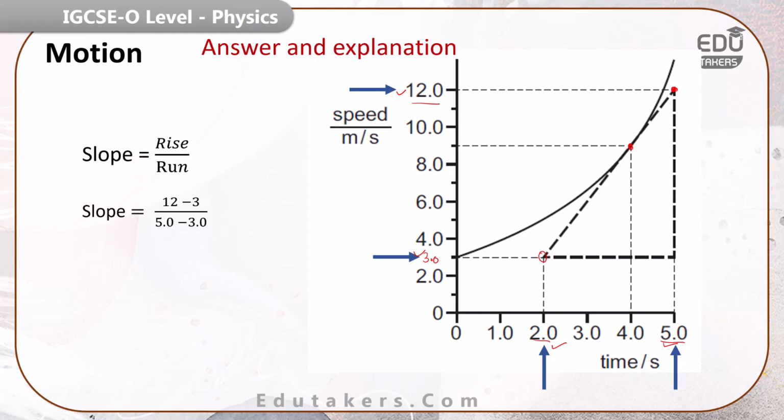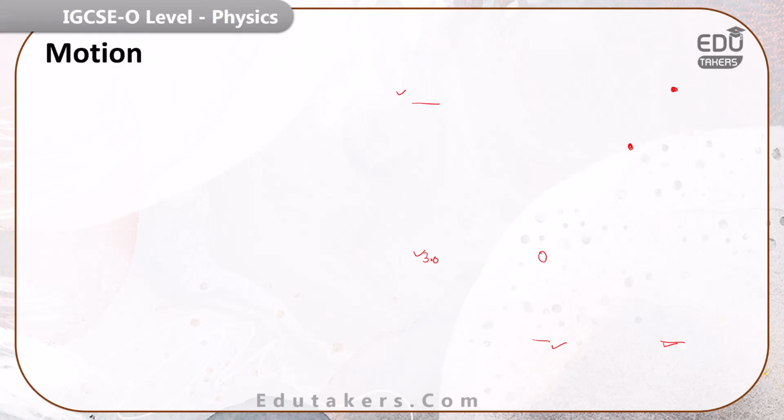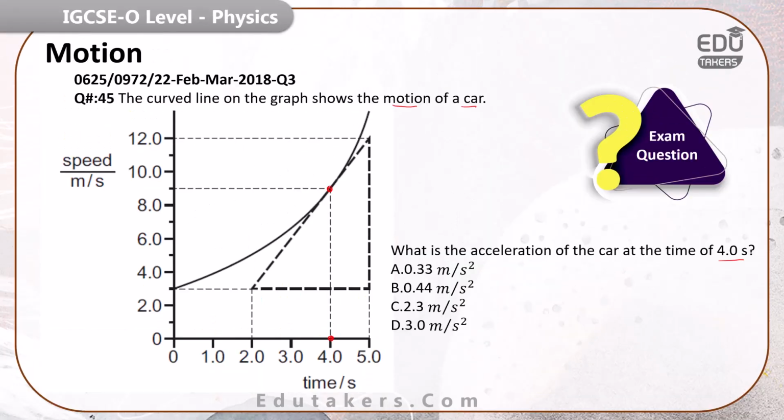So let's go back to the options. Here 3.0 meter per second square is given in option D. That's why option D is correct, which shows that the gradient at 4.0 seconds for that curved line is 3.0 meter per second square.